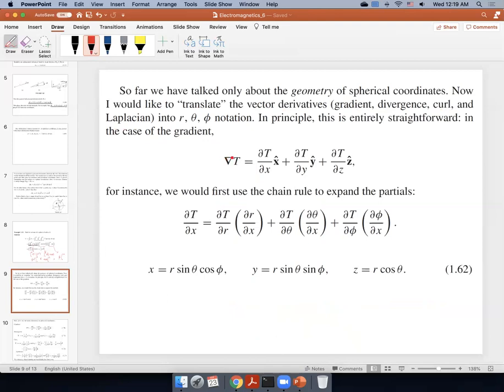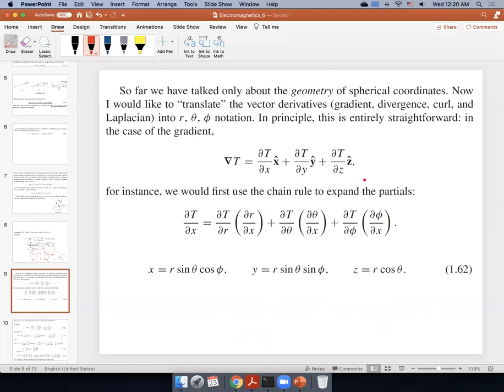So we know that del T equals dT/dx times the x direction plus dT/dy in the y direction plus dT/dz times the z direction, which is the unit vector of the z axis. And this is in the Cartesian coordinates.